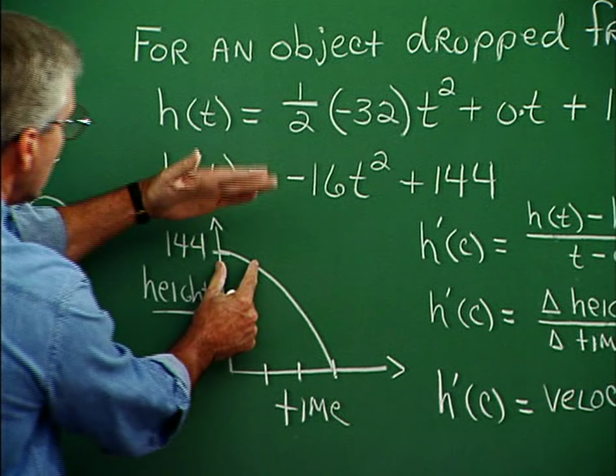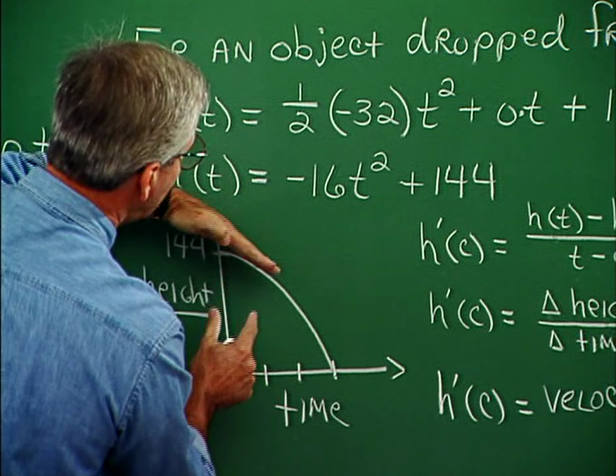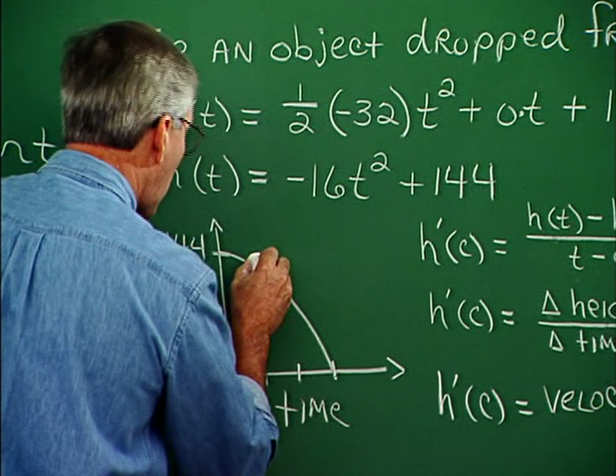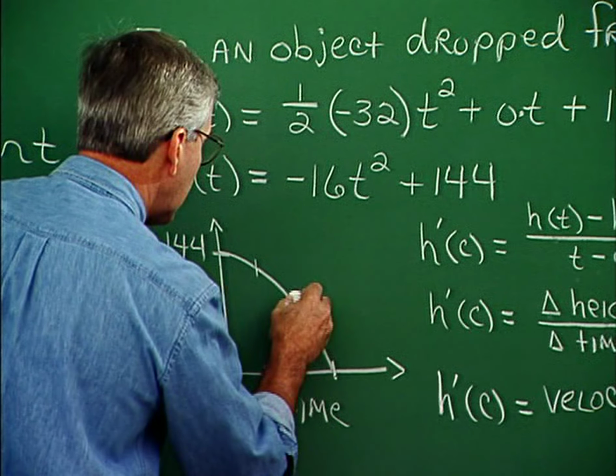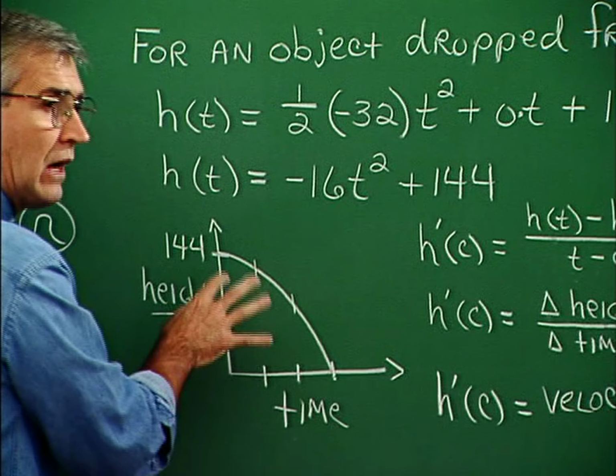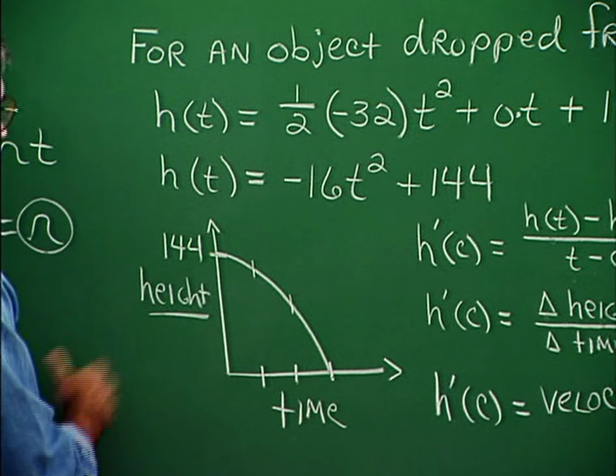Average velocity would be like the average slope of tangent line idea in that region. And from 1 to 2, we could think about average velocity as the average slope of the tangent line, that kind of thing. Well, we can calculate that, and it's not too difficult.